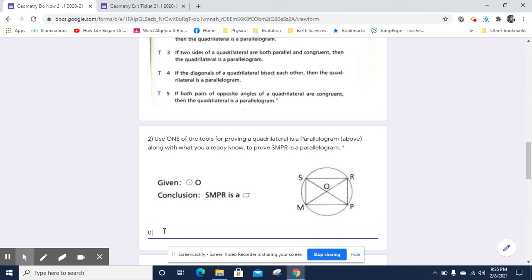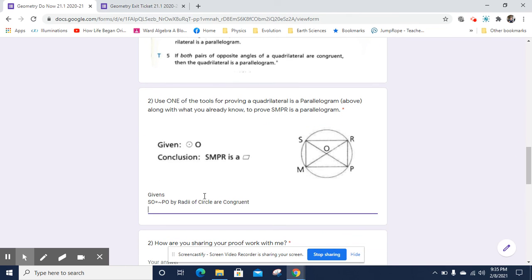So after the givens, then we can say SO is congruent to PO by radii of a circle are congruent. And then that's theorem 18, I believe.